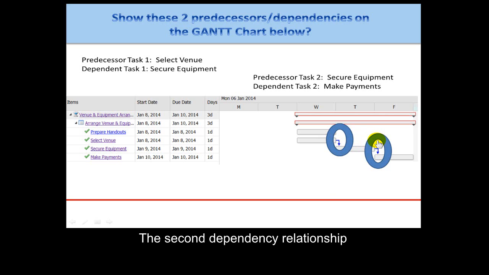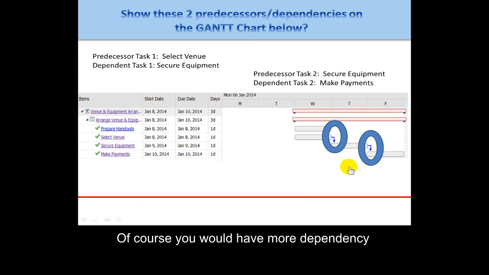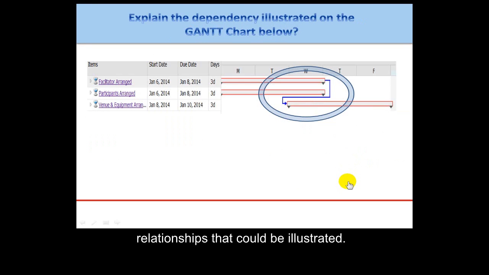The second dependency relationship is that you must secure the equipment before you can make the payments for the equipment. That one's pretty obvious. So, of course, you would have more dependency relationships that could be illustrated as well.